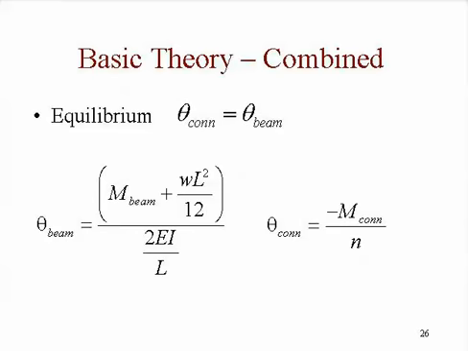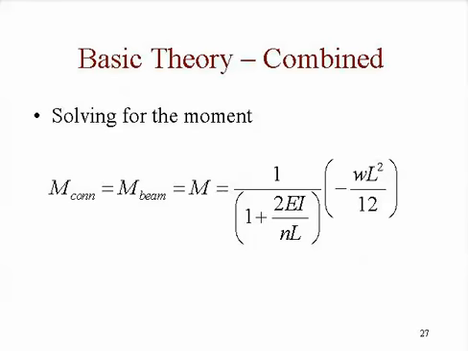If we do it the other way and determine the moment, we can solve the beam equation for the rotation and the connection equation for the rotation and set them equal, and we get the moment on the connection, which is the moment on the beam, the moment M, is equal to, again, the fixed end moment times 1 over 1 plus 2EI over NL.